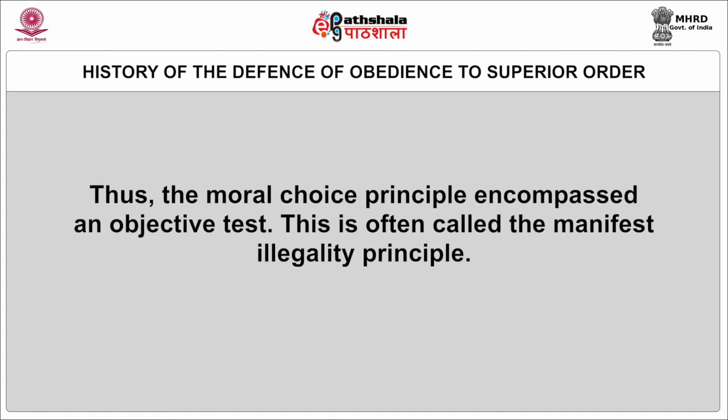Over time, the moral choice dilemma, that is the moral choice principle, encompassed an objective test. This test came to be known as the manifest illegality principle. Courts applied this test of manifest illegality to determine whether the superior orders were in fact required to be followed or not.